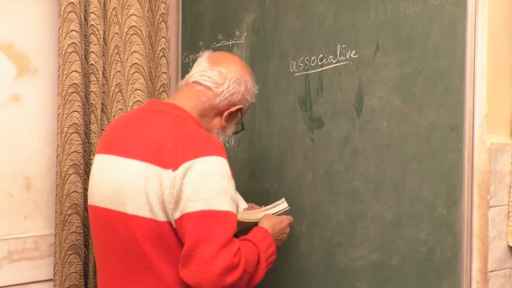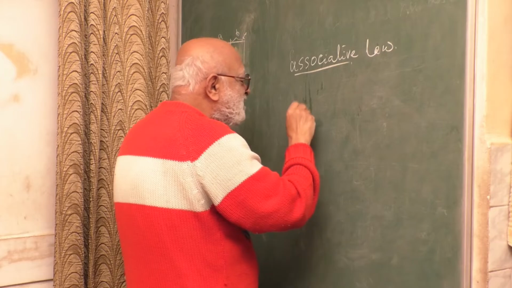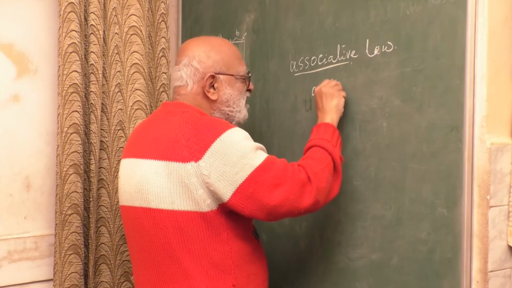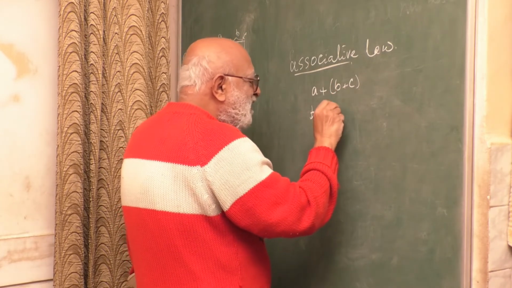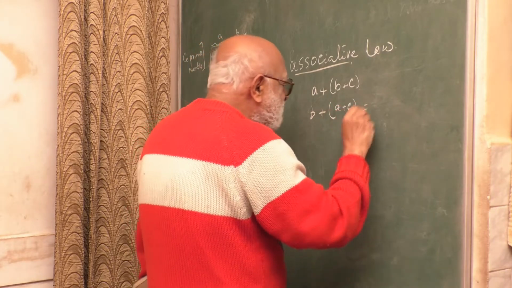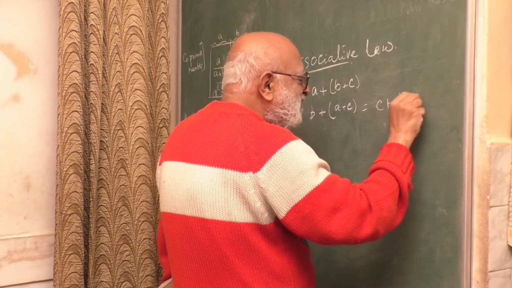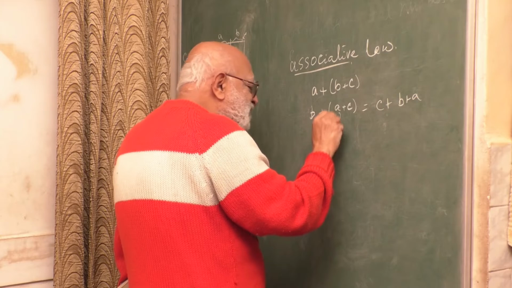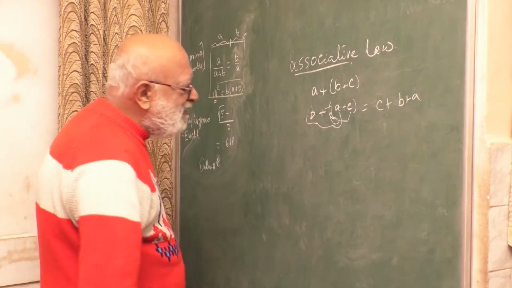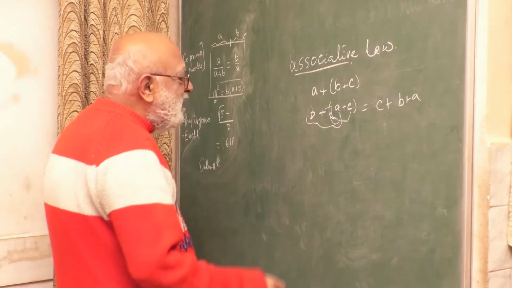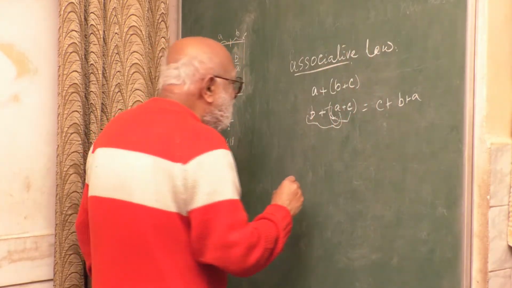There is no example, but if you take the associative law, what it says is A plus B plus C is the same as B plus A plus C, or that is also equal to C plus B plus A. So changing this association doesn't make any difference. This is for addition.